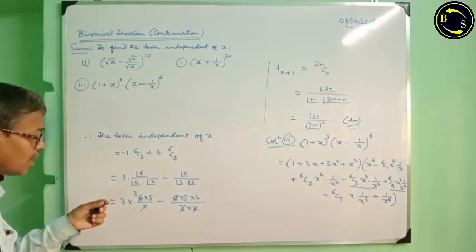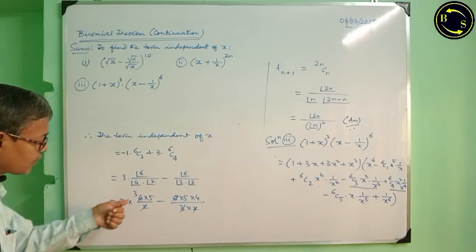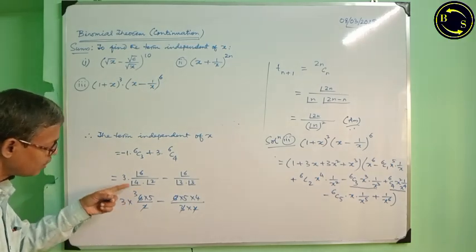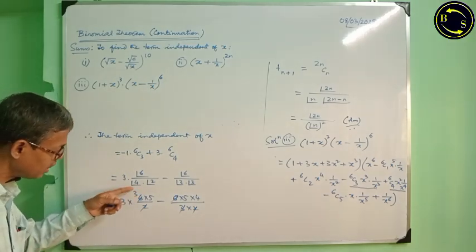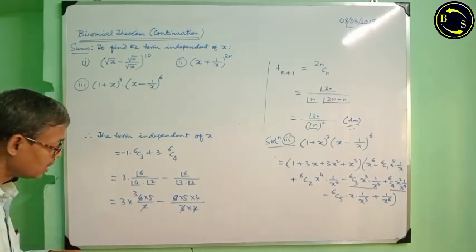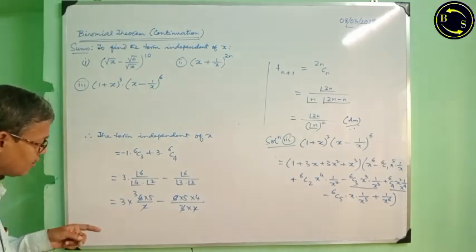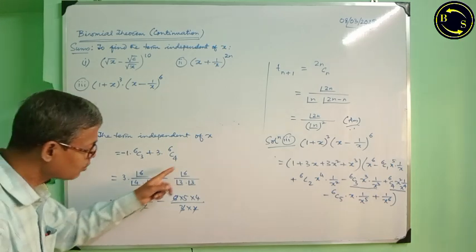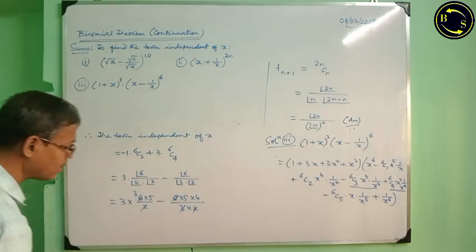Since the last three factors form factorial 2, I have not written factorial 4 here. I have used that technique also.